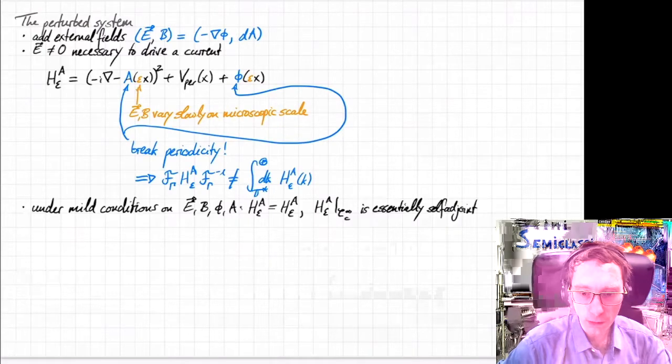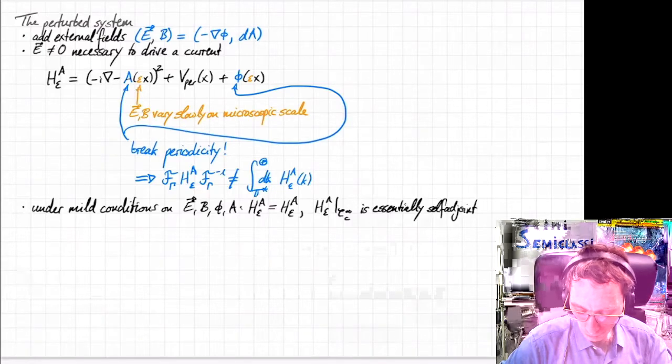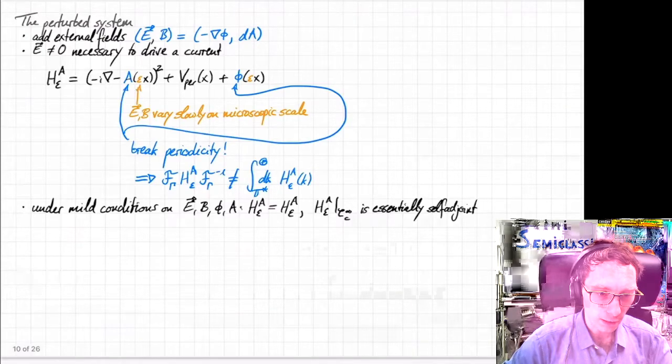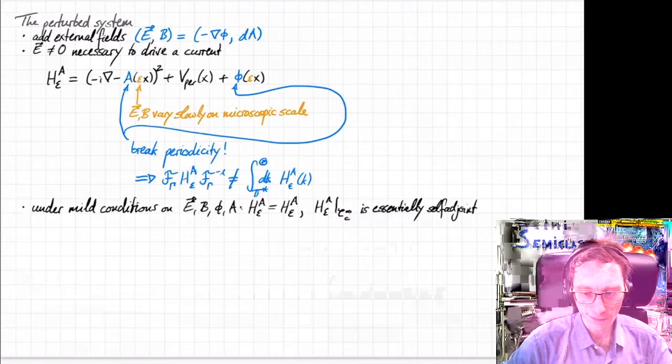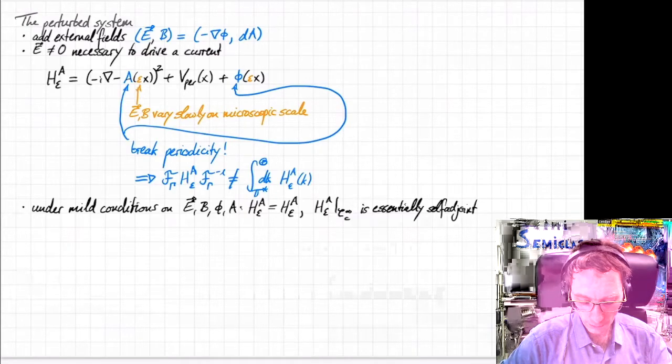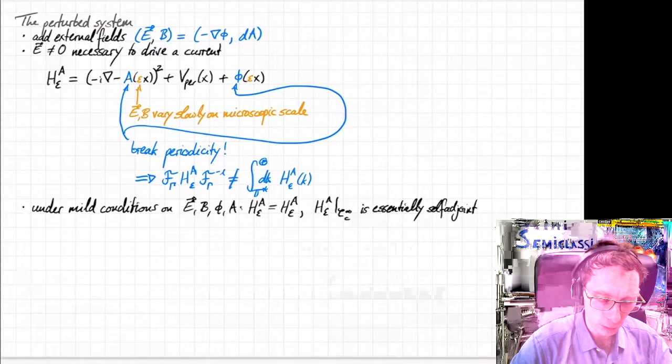So there exists a unique self-adjoint extension. But there's also one thing that we will have to address a little bit later. The claim is already in the title, so to speak. I'm claiming that this is a perturbation.